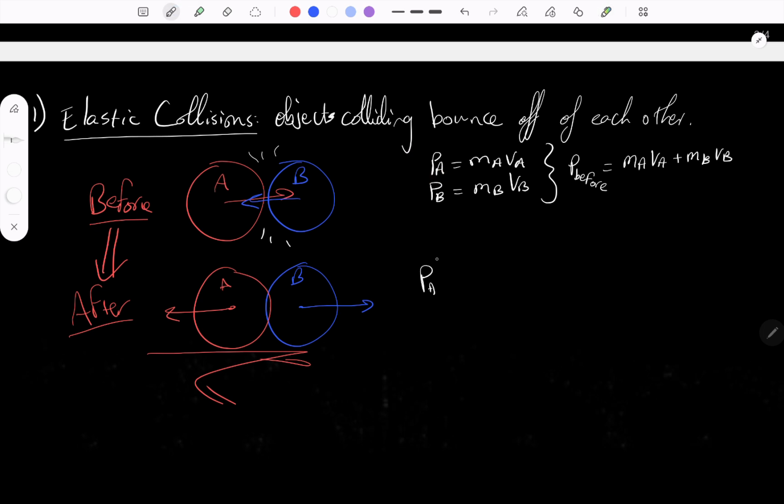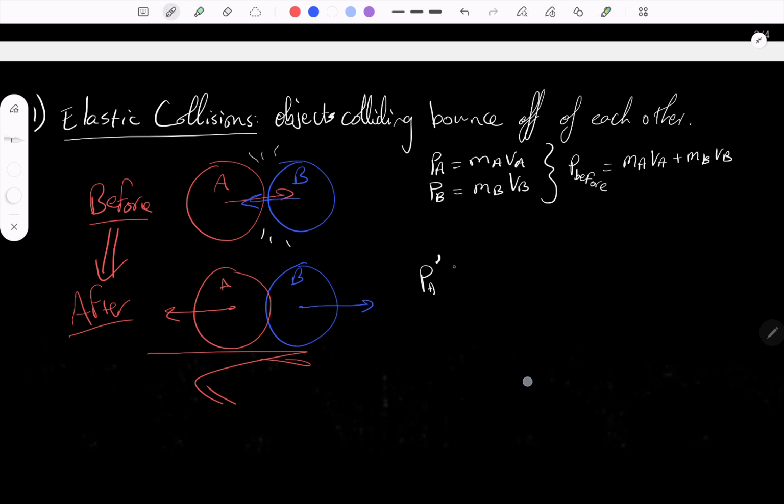So we're going to add this little symbol over here. This is called the prime symbol, and we're just going to use it to mean that this is the momentum after the collision. So this doesn't affect our calculations. It's just another symbol that allows us to differentiate it from the momentum of A before the collision.